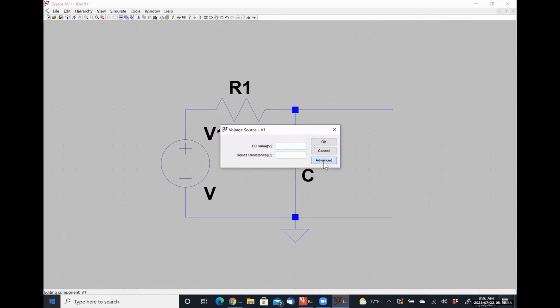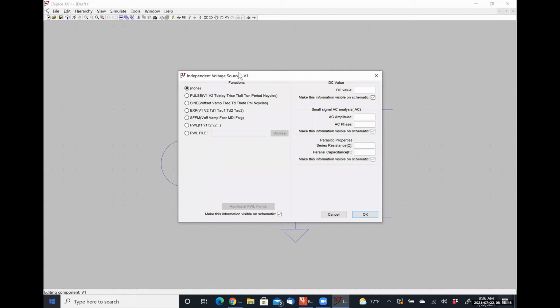To do this, I'm going to go into the advanced tab and I'm not going to do anything whatsoever with the left-hand side here, okay? So we are going to be doing what's called small signal AC analysis. So I'm just going to put my AC amplitude to be 1 and my AC phase to be 0. So I'm forcing my input voltage to be a phasor of 1 angle 0 degrees.